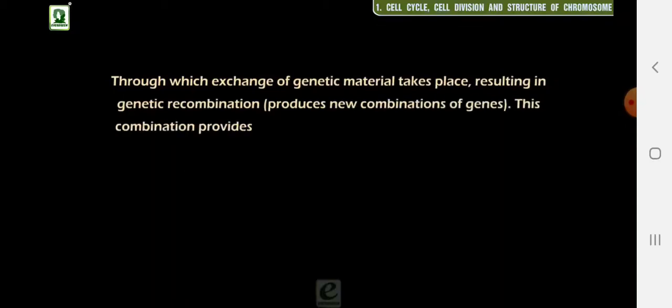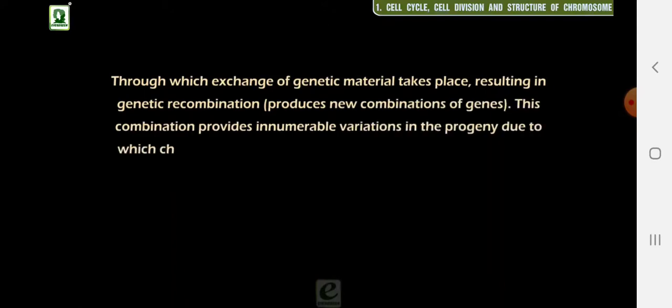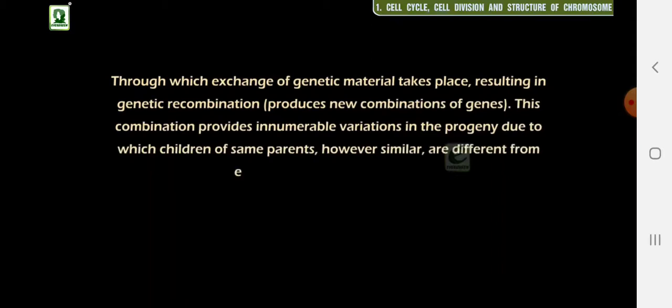That is, it produces new combinations of genes. This combination provides innumerable variations in the progeny, due to which children of the same parents, however similar, are different from each other in certain respects.